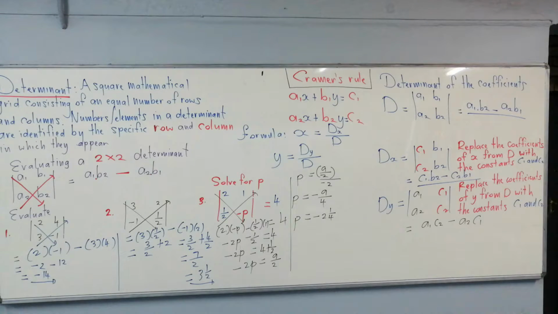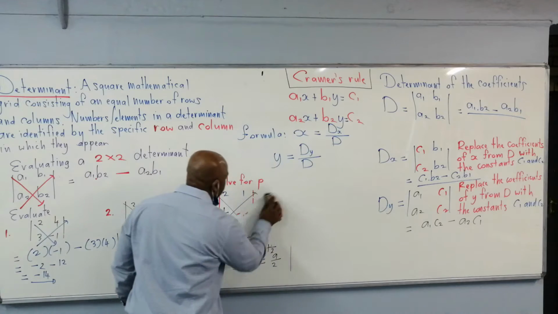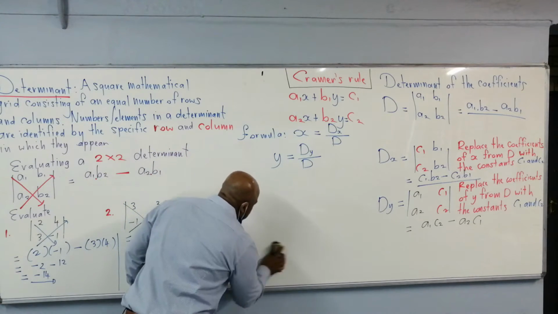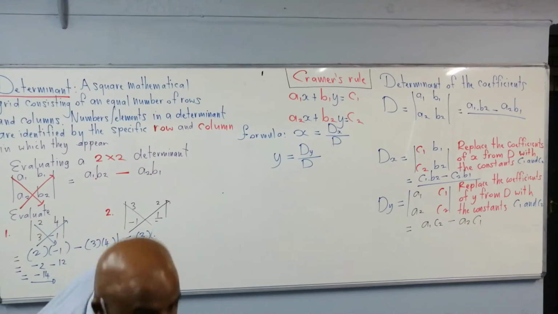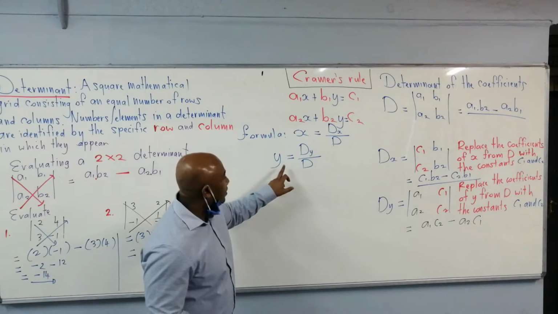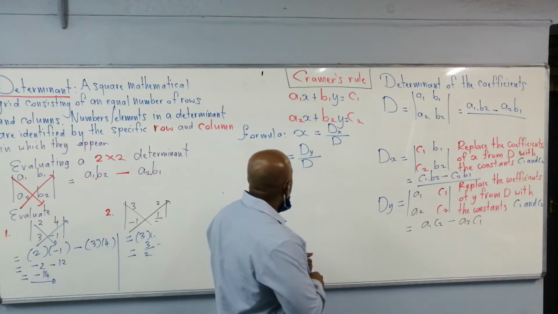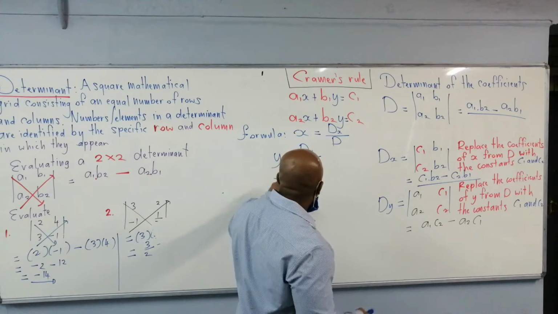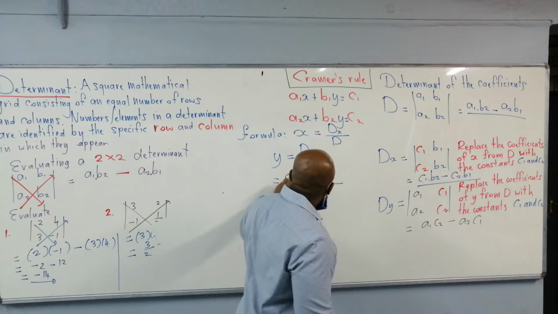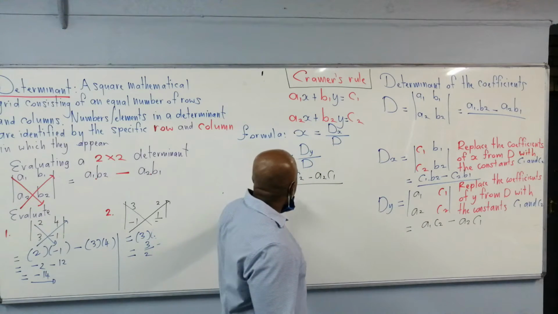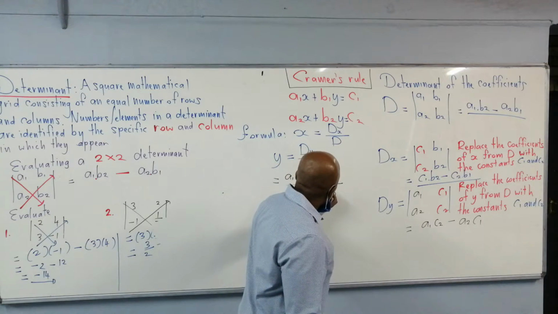So substitute into this formula. Let's write it down. What do we get? So let's go for y. y is equal to Dy over D. So what was my Dy? It was a1c2 minus a2c1 all over D, which was a1b2 minus a2b1.